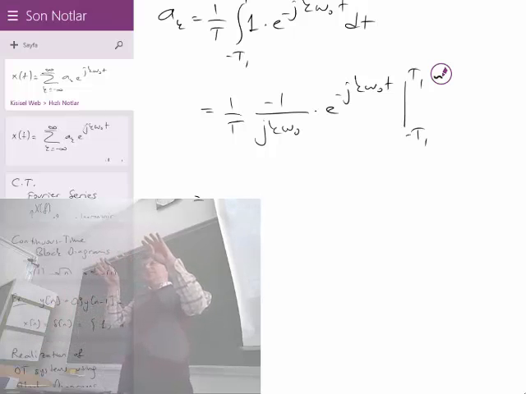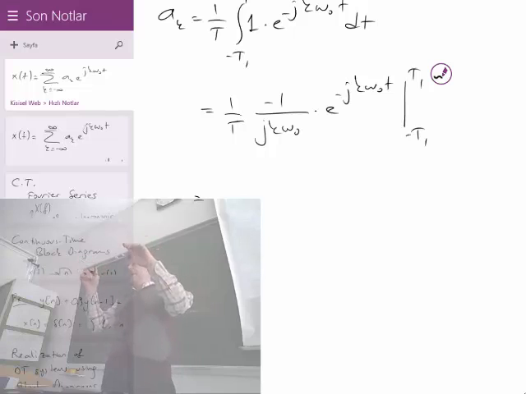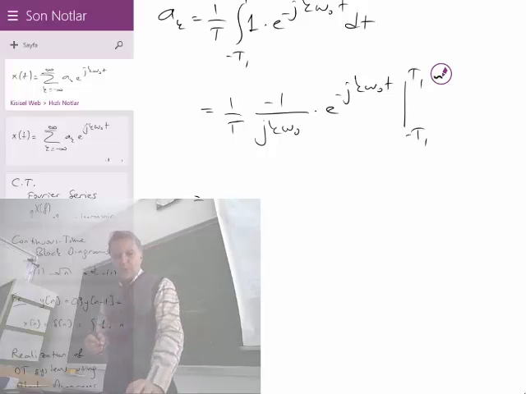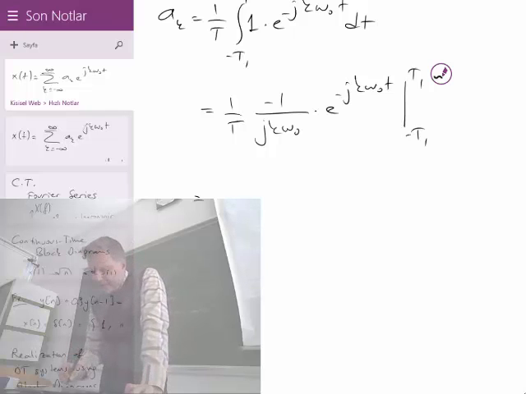If the exponents are one positive, one negative, and there is a 1 over j, and the difference is with a negative sign, there's a possibility that it will be converted using Euler's formula into a sine. This will hopefully be transformed into a sine. So this is what I'm going to do.